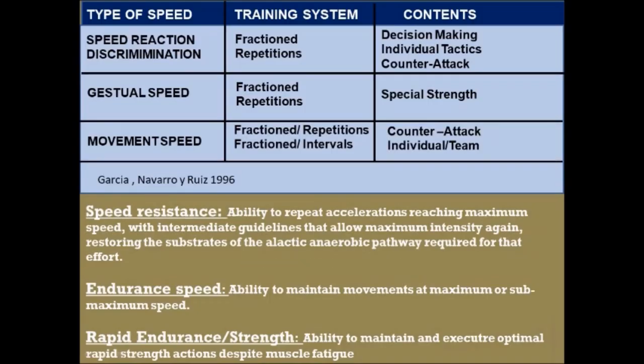Speed reaction, discrimination, training system by fractions or by repetitions, decision-making, individual tactics, and counterattack contents. Gestural speed, fraction or by repetitions, special strength, and movement and speed will be fraction or by repetitions or by intervals also, counterattacking individually or as a team or by groups.